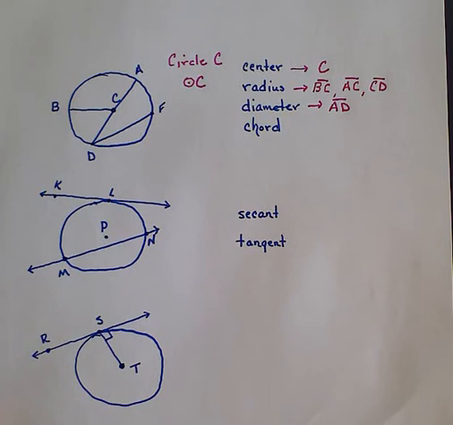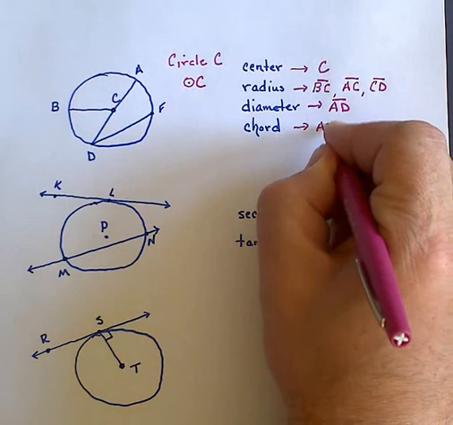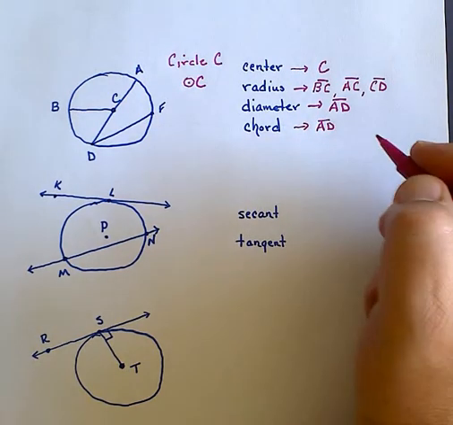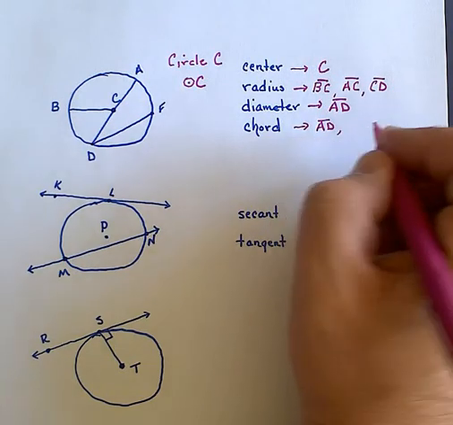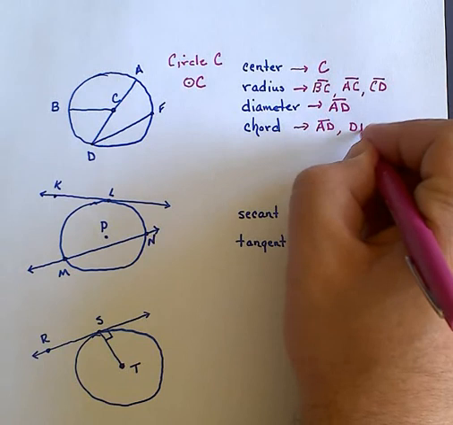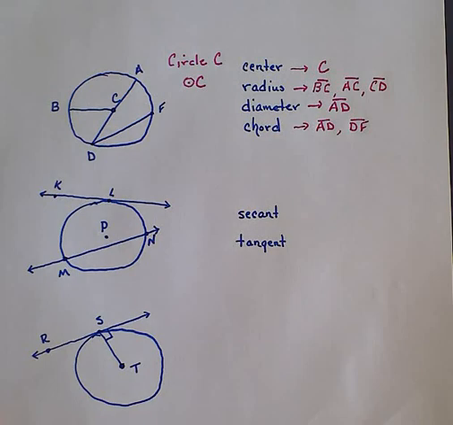So let's just say AD is a chord because it is a segment that goes from circle to circle, but more importantly, DF is another chord. Again, note the symbols, that's important. All of these travel from circle to circle. They are all segments, and we're going to contrast that by looking at lines here that continue infinitely.